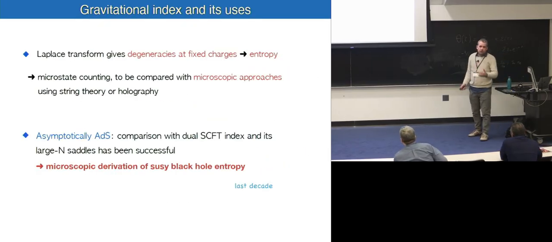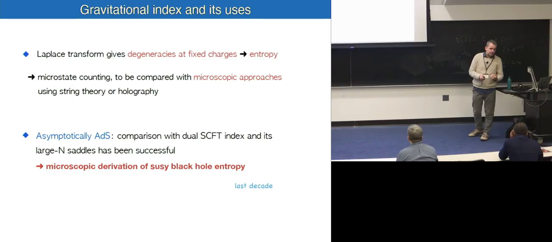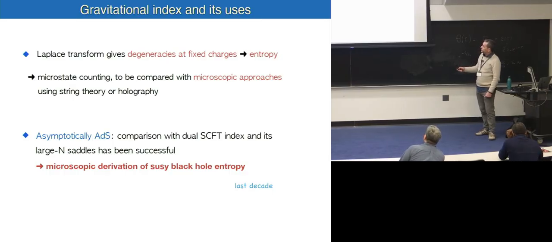So the Laplace transform, if we pass from the formulation with chemical potentials to the one with fixed charges, gives the degeneracy. The degeneracy at fixed charges is the entropy. And in this way, we can provide a microstate counting for different black holes, which can be compared with microscopic approaches.